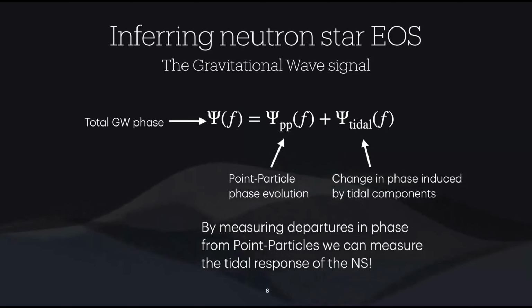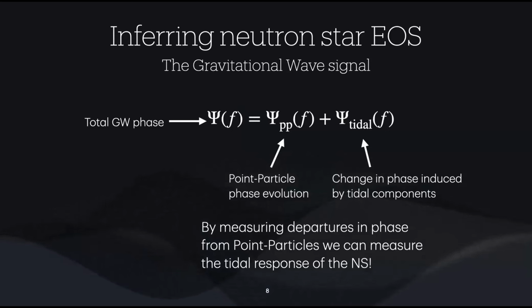The point particle component is if there was no tidal deformability, if you imagine two black holes merging, and there's a tidal component added on by the neutron stars. So to measure this, what we do is we measure a change in phase induced by the tidal components, really a departure from the point particle. And this tells us about tidal deformability and therefore the equation of state of the neutron star.